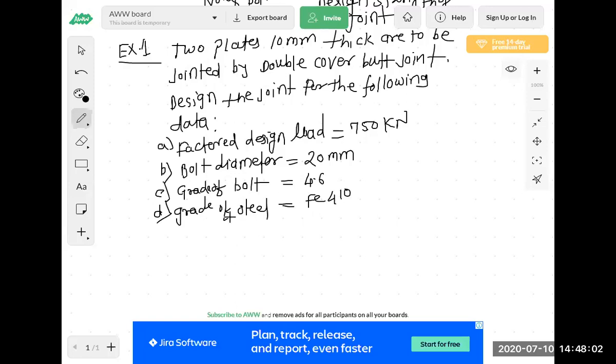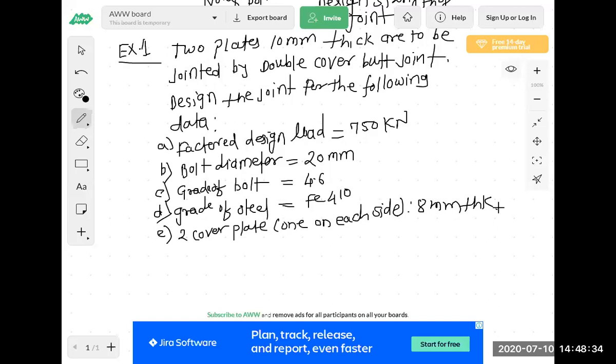Grade of steel is Fe410. And last, two cover plates, because double cover butt joint is there. So two cover plates, one on each side, 8 mm thick.